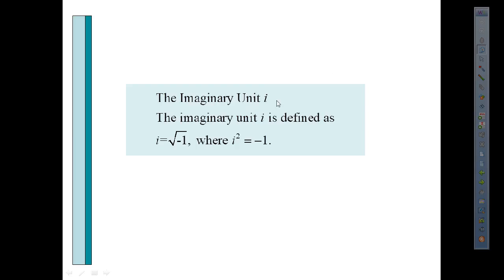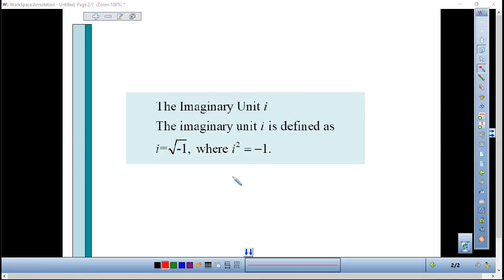The imaginary unit i is defined as the square root of -1. Therefore, if we square i, we're going to get -1. So anytime you have i squared, that's going to be a -1. You can actually also go through and say i cubed.